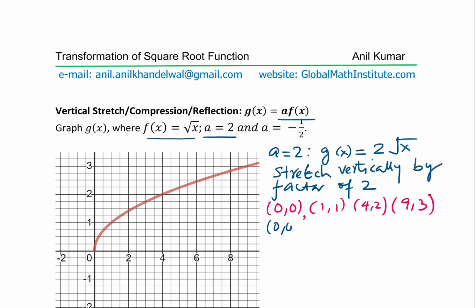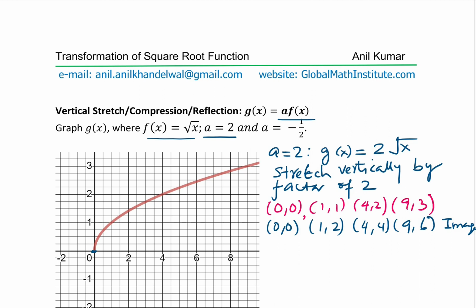So 0 remains 0 for y value. However, 1 becomes 2, and 4, 2 times 2 is 4, and we get (9, 6). So that is what we mean. So those are our image points. Do you see that?